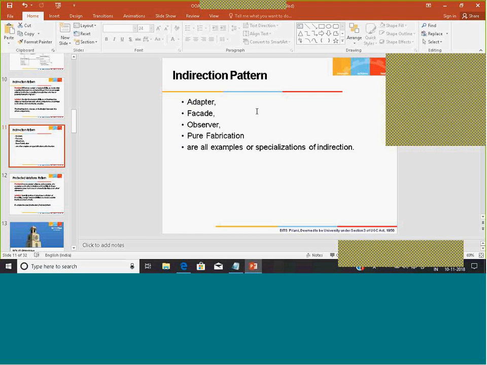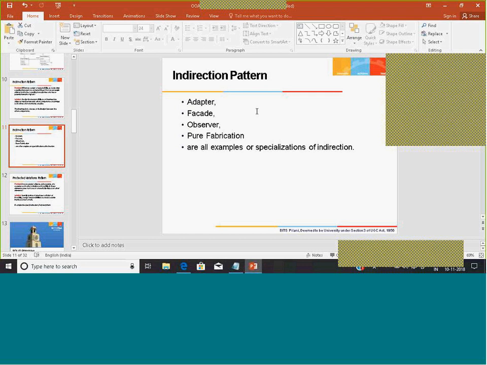For example, to understand how observer is an example of the indirection pattern: if I only use the concrete subject and the concrete observer, then the concrete subject needs to keep information about all the concrete observers existing in the system. We decouple this connection by introducing an interface, the observer interface.